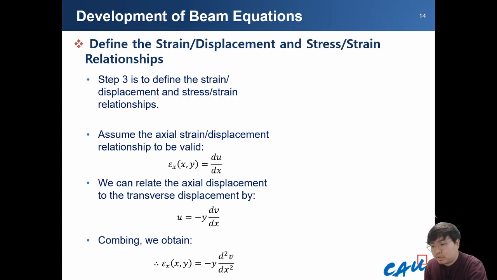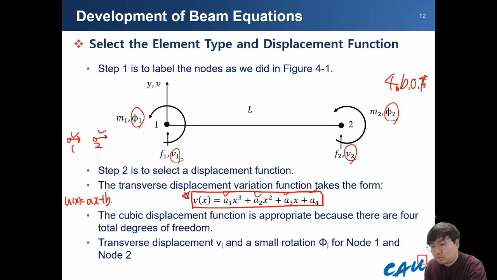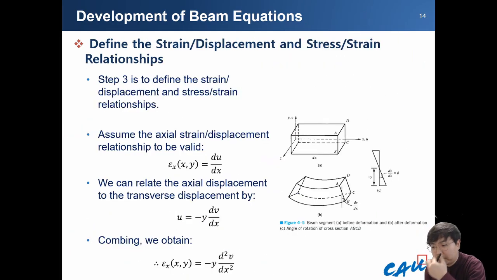in the previous slide, you can reach those kinds of relationships. And then the next thing is to define the stress and displacement, and the stress and strain relationship. We already discussed the Euler beam theory.